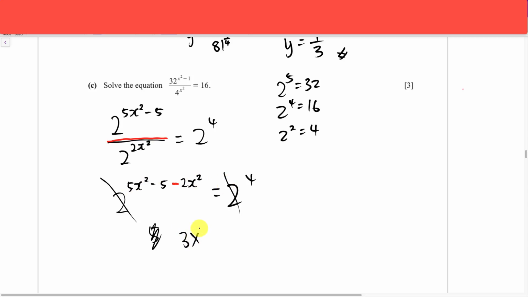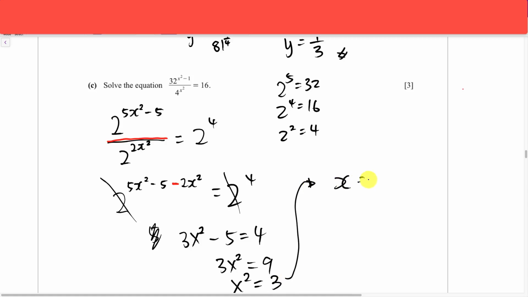I have 3x squared minus 5 equals 4. Then 3x squared equals, move the negative 5 to the other side, 9. Then x squared equals 3. Yeah, so then x equals plus or minus the square root of 3.